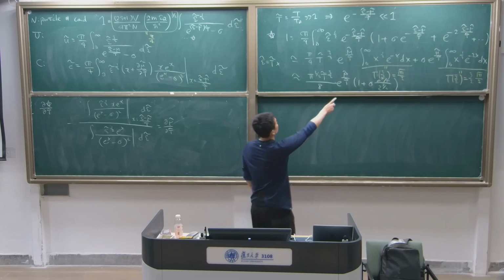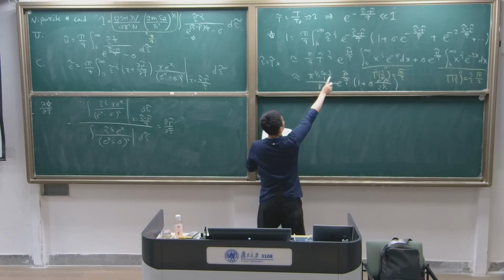Okay, from this relation, what can you derive about the relation between mu theta and t theta?